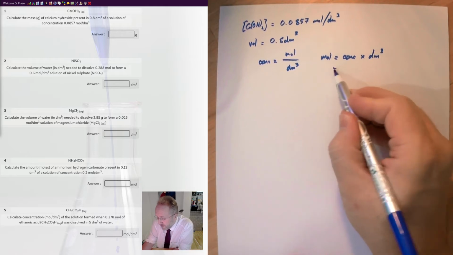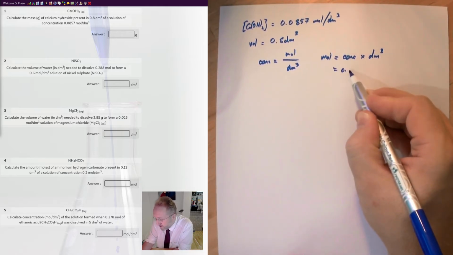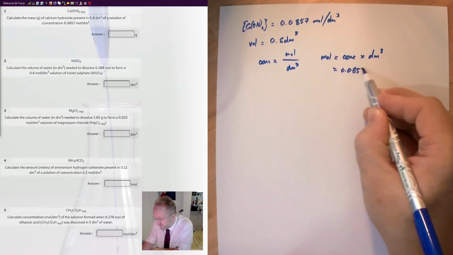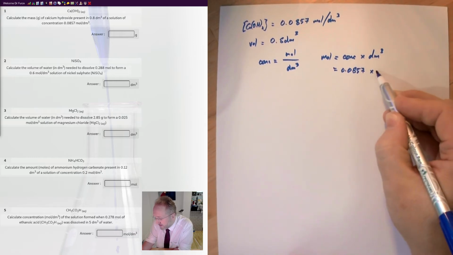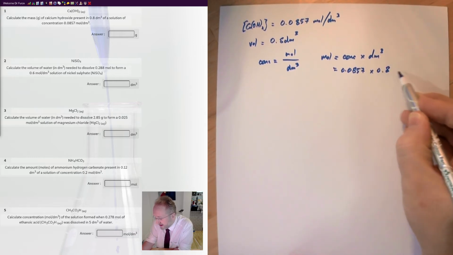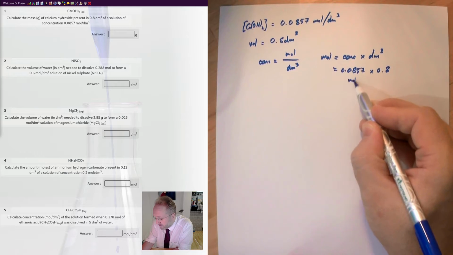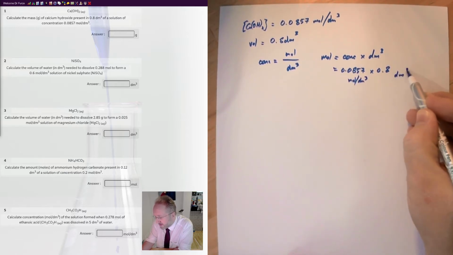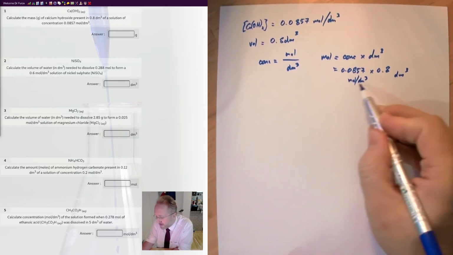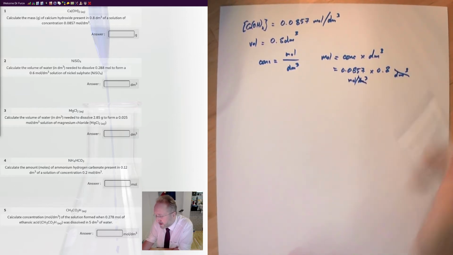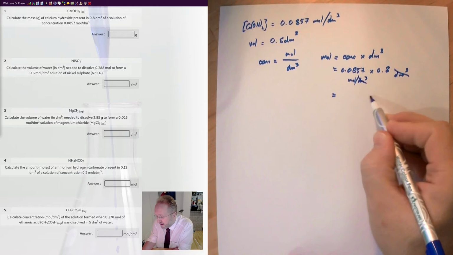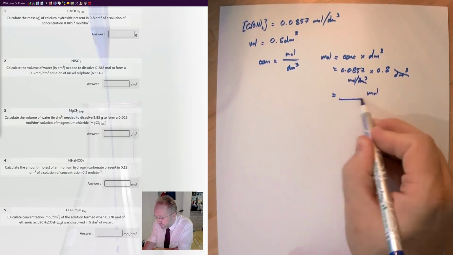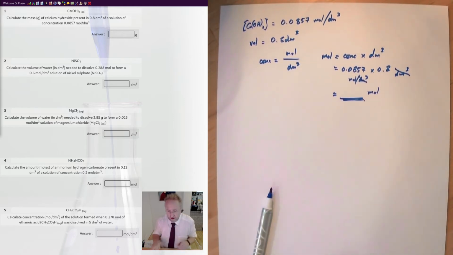So that is going to be equal to 0.0857 multiplied by 0.8. So this is moles per decimeter cubed multiplied by decimeters cubed. And hopefully you can see that if we multiply these two units together, decimeters cubed cancel, and we end up with a number of moles. So what do we have?